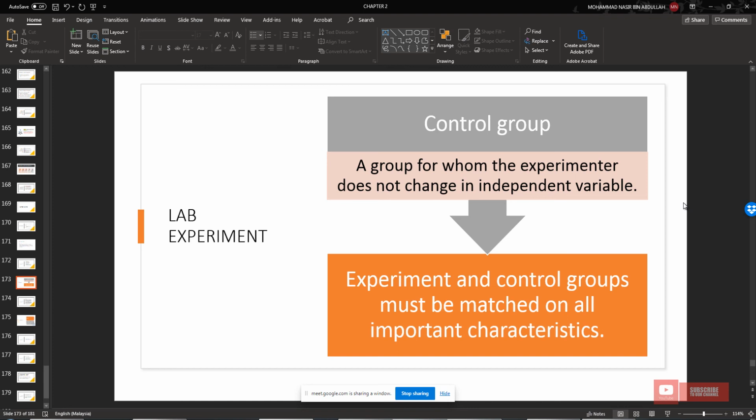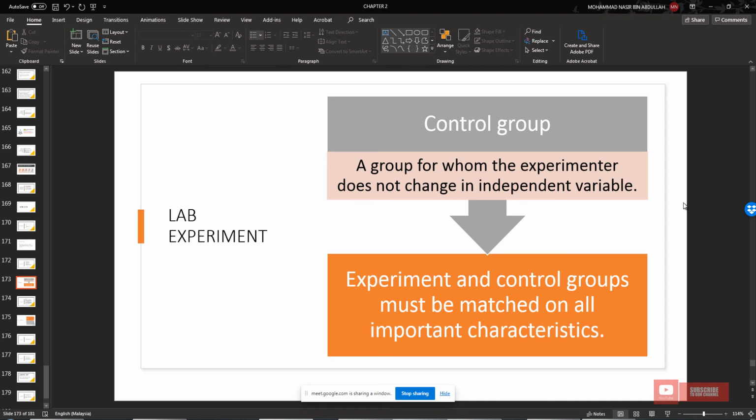For example, let's say I am doing a study on Alzheimer's disease, right? I want to measure the risk of getting Alzheimer's disease. So my variables to consider may be age, risk, lifestyle, such as whether you do exercise, or work condition, right? So I have two groups.